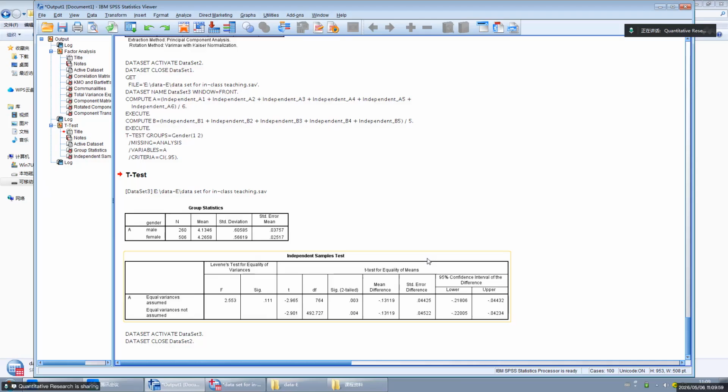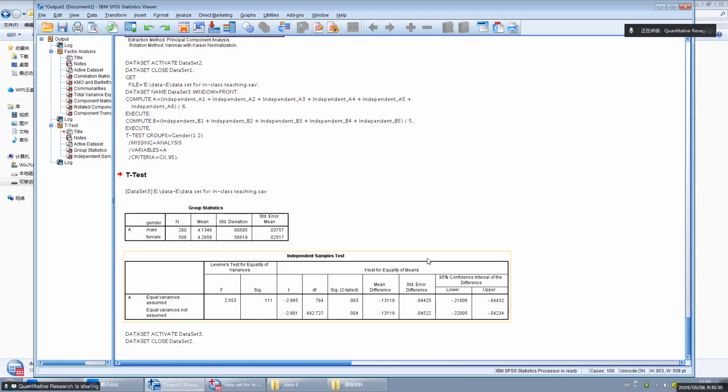I've been repeating them several times: 0.05, 0.01, and 0.001. Those are the three levels.